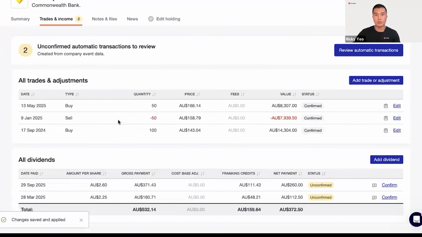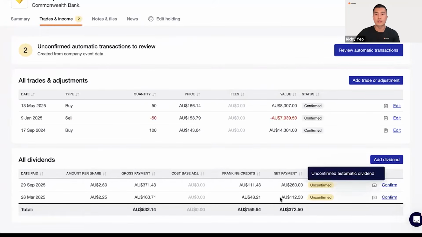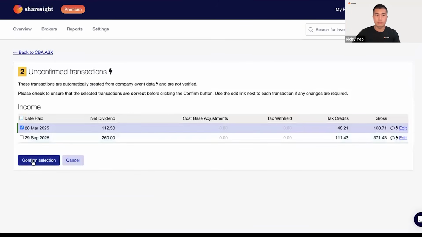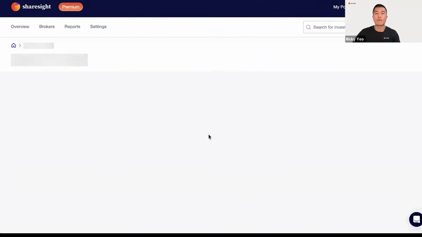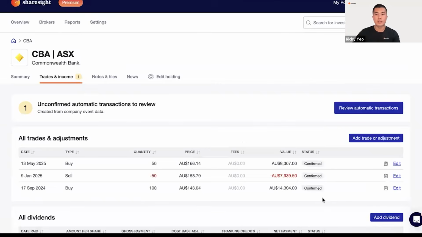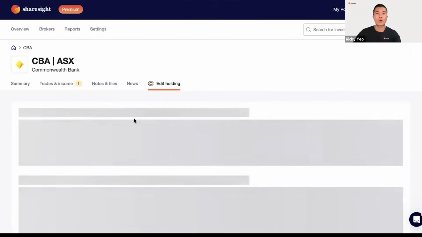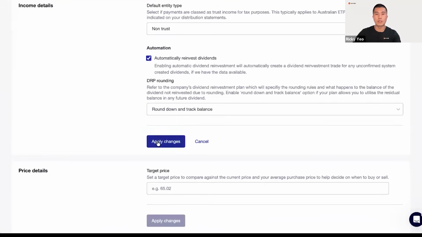Okay, so there's no more dividend reinvestment. Let's say I start my dividend reinvestment from the 29th of September, which is the second dividend, and not on the first one. So what I need to do is confirm the first one. That confirm just means that you're locking the dividends in, so nothing will be changed when you add any transactions or apply any dividend reinvestments. Once I lock that in, I'll apply the dividend reinvestment.